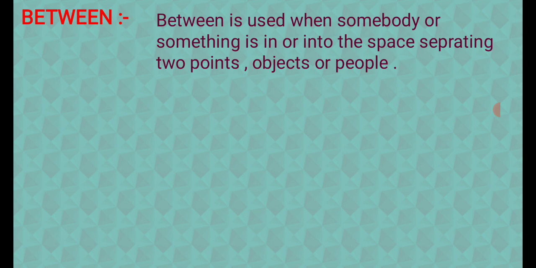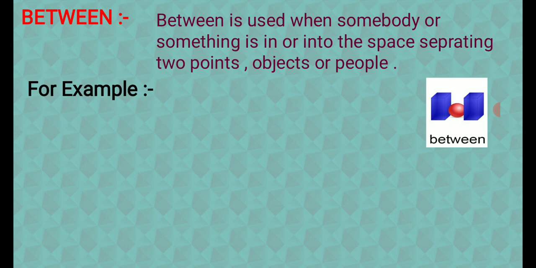It means that if the object is in or into the space separating the two people, two nouns, any kind of nouns, at that time we use between. So remember that. Let's see the example.